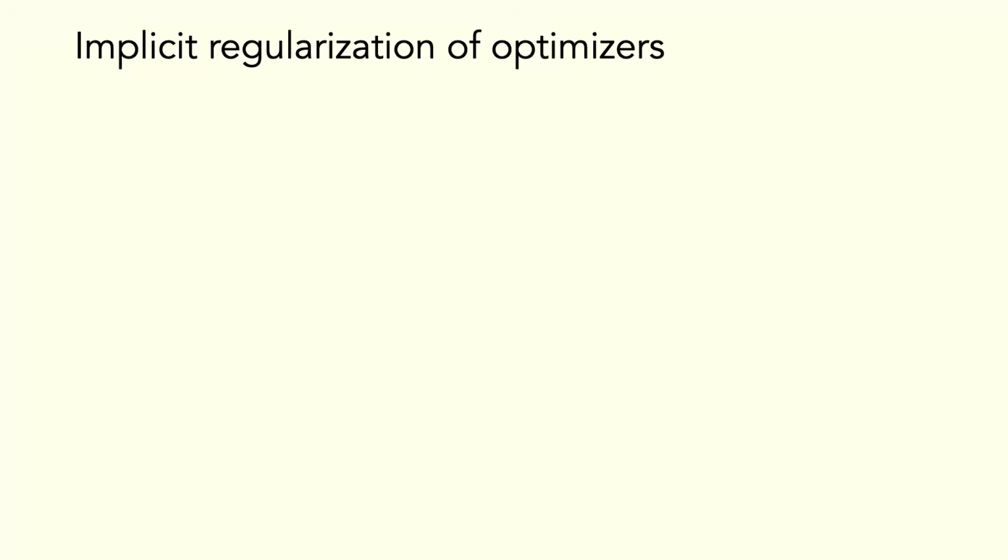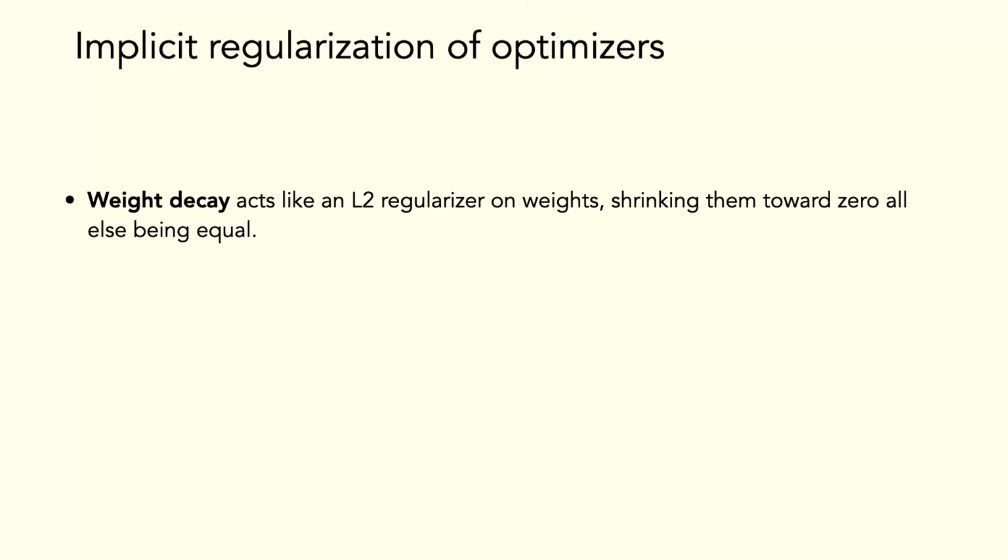Another idea is that the optimization dynamics really play a big role here, and that I'm not just picking a random solution in my version space. I'm actually using an optimizer which will prefer some solutions over others. And sometimes I'll have explicit regularizers that prefer simple solutions in my optimizer or in my objective function.